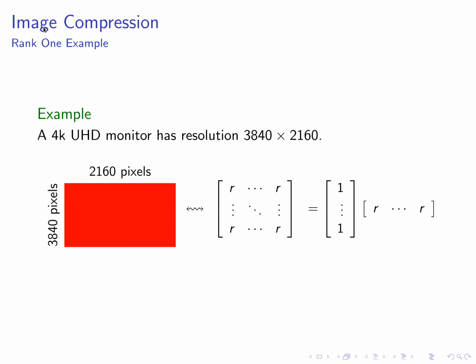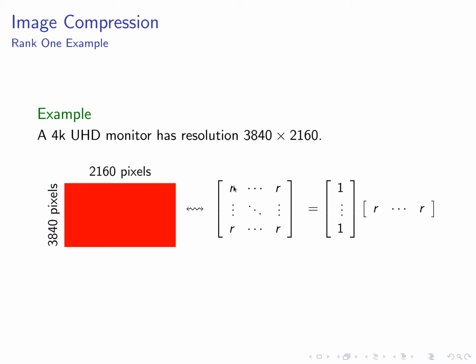So for instance, on a 4K UHD monitor, the resolution is 3840 pixels by 2160 pixels. So if I wanted to color a 4K Ultra HD monitor red, I could represent that information with a matrix that has 3,840 rows and 2,160 columns. So I can represent that data with our matrix, and I can apply the same idea behind the factorization we just presented.